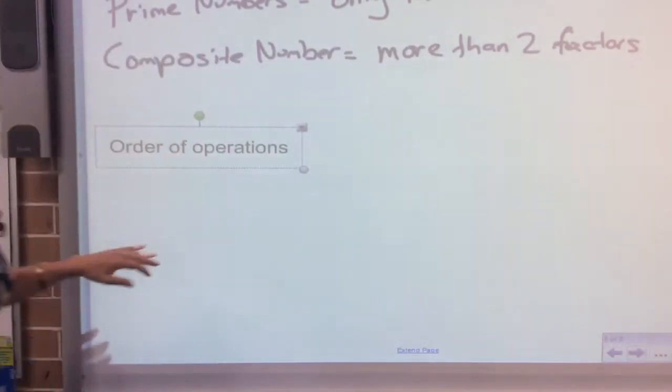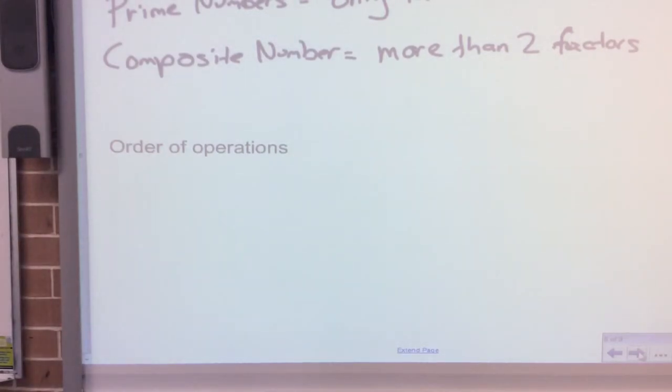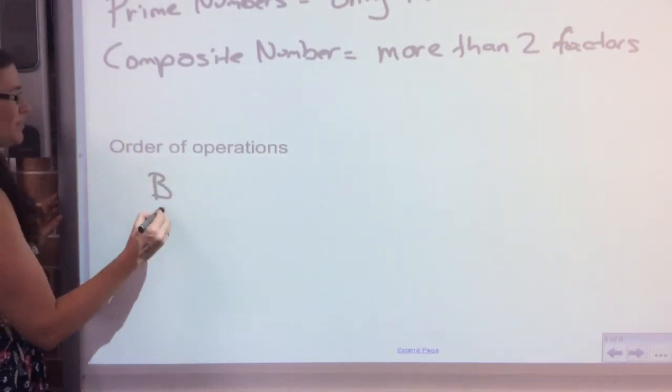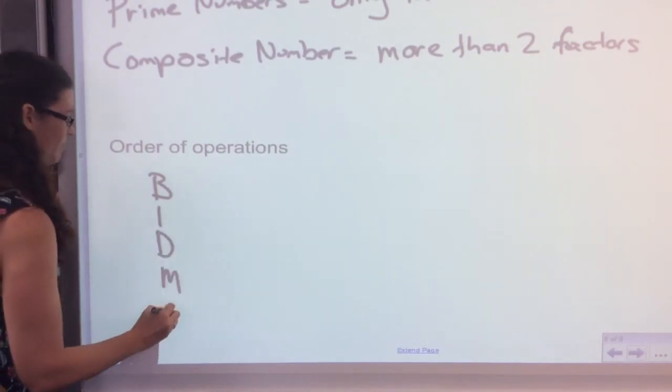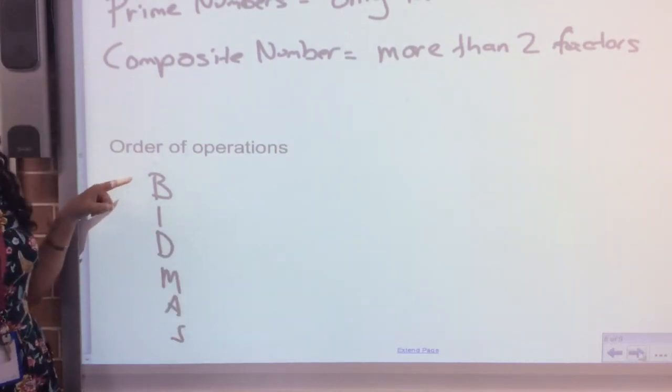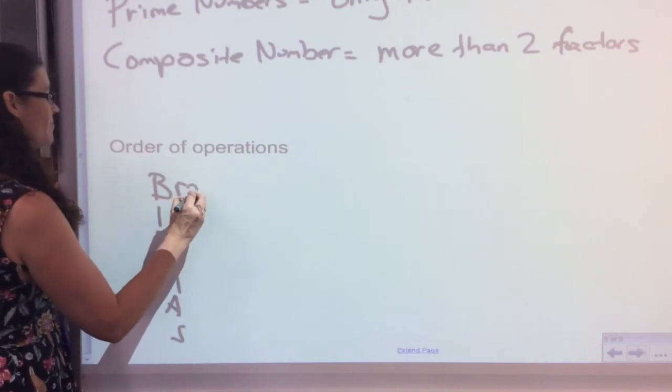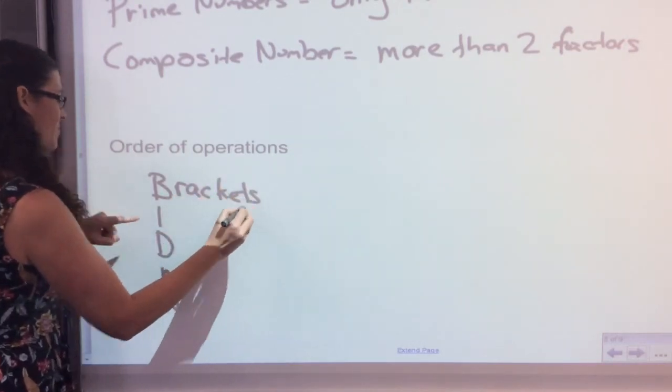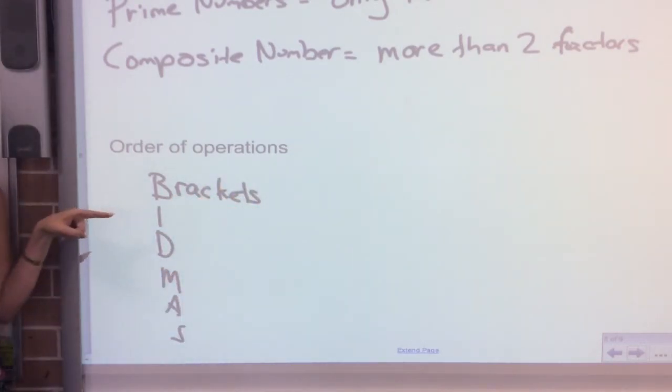And order of operations. What's the order of operations? Who remembers back? It's like year 7, term 1. What do we do? BIDMAS, is that what it's called? What do they stand for? B is for? Brackets. I is for? Indices.